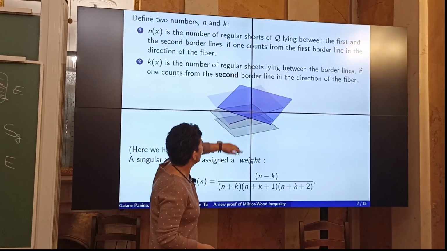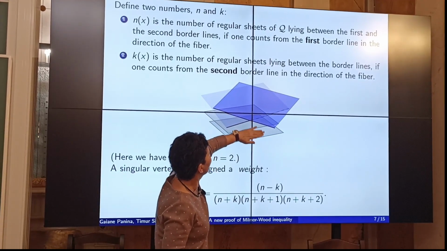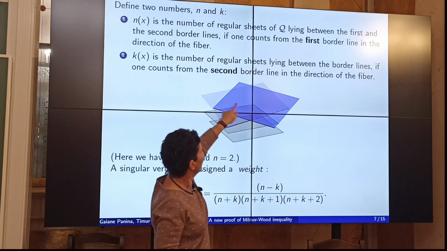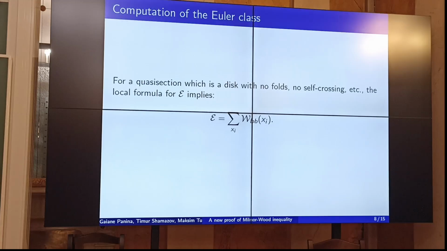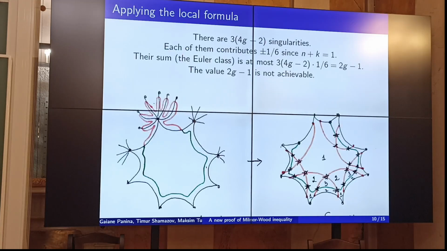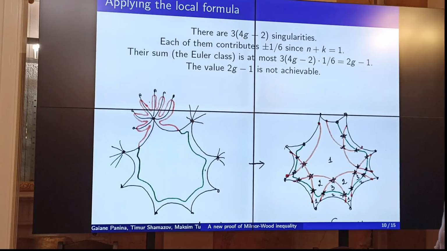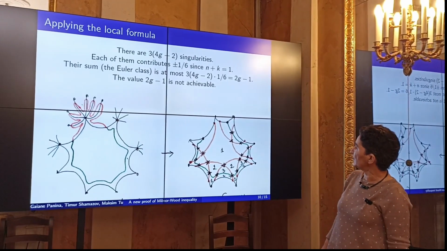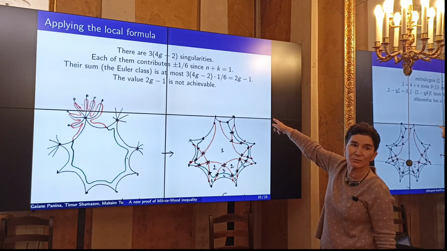In reality, we don't have 2 gray regular sheets, we have just 1. So there are just 3 sheets over each singular point, 2 with boundary and 1 without. Depending on orientation, we get either 1 over 6 or minus 1 over 6. And we know that the Euler class is the sum, so the Euler class cannot exceed 2g minus 1.